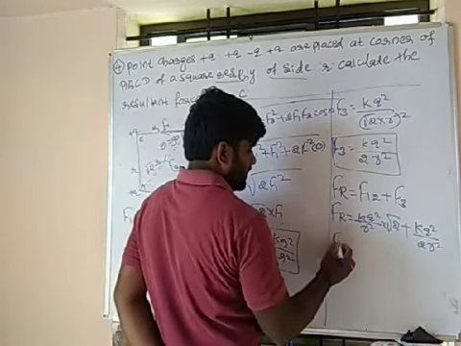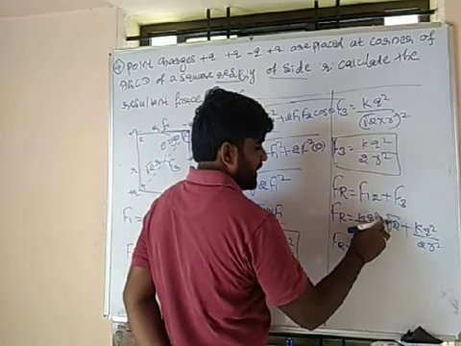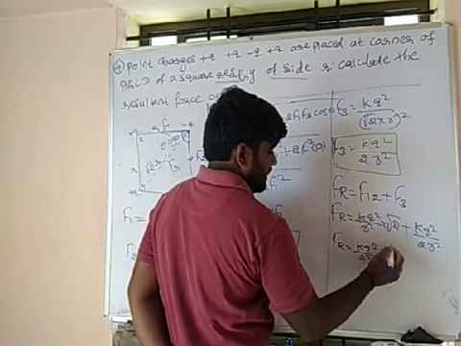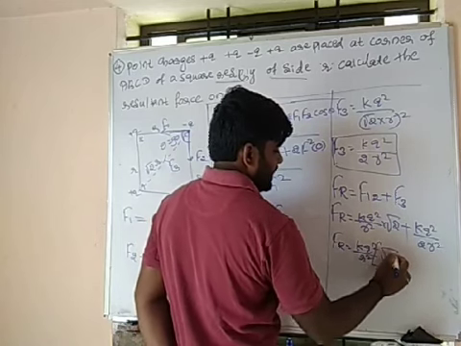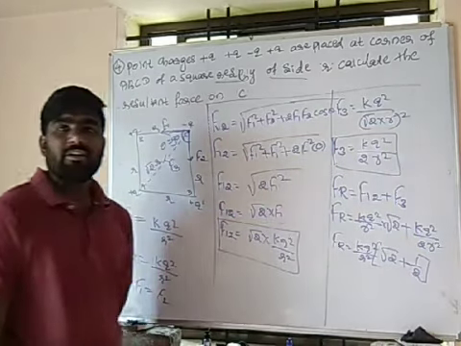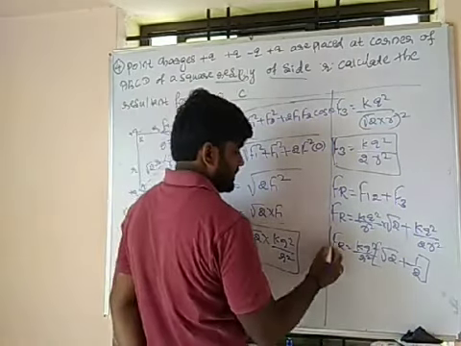Then take the common. This F resultant is equal to KQ square by R square is common. So KQ square by R square is common. Here it will be (root 2 plus 1) divided by 2 is the final answer.